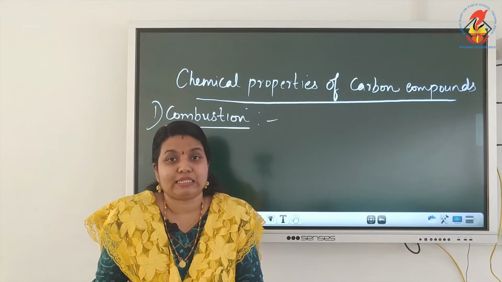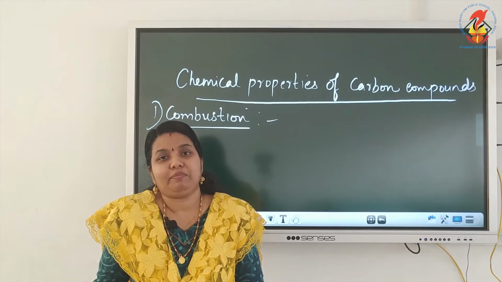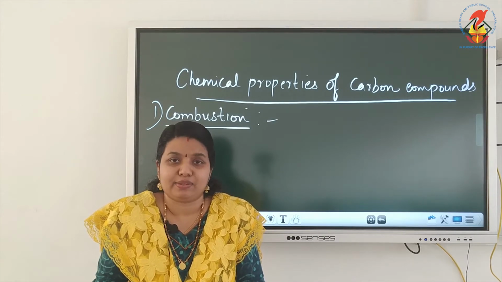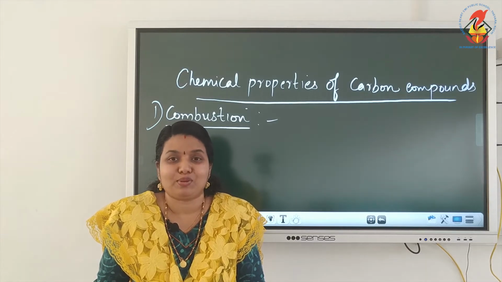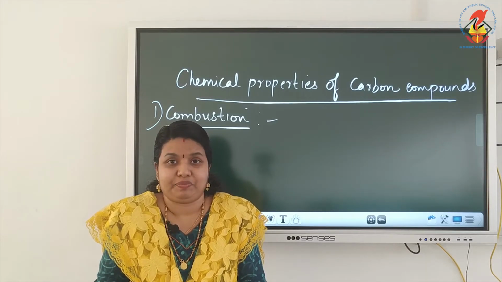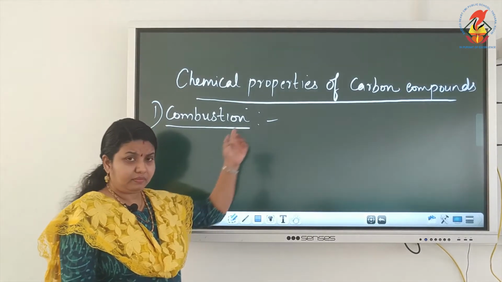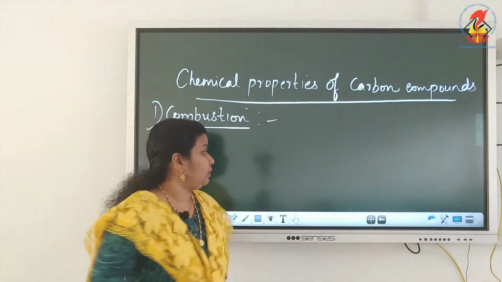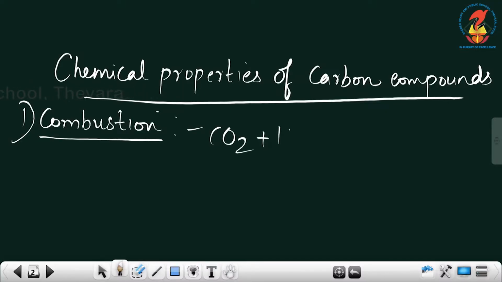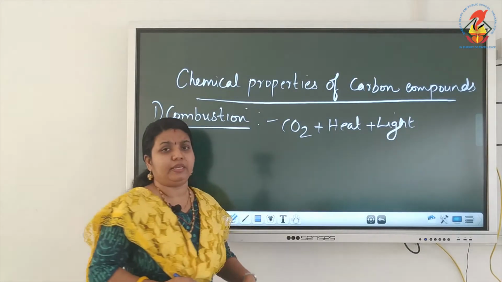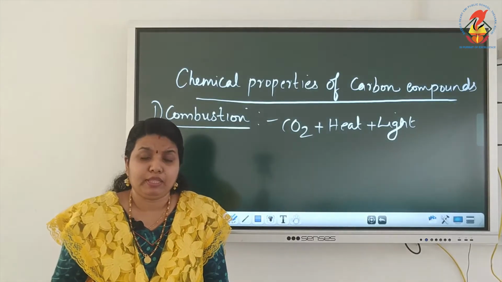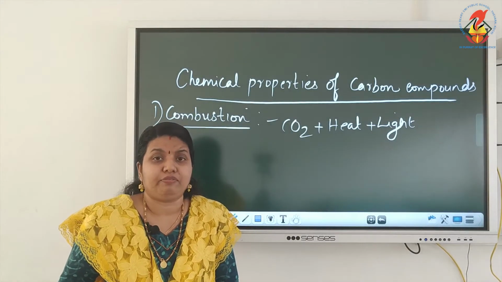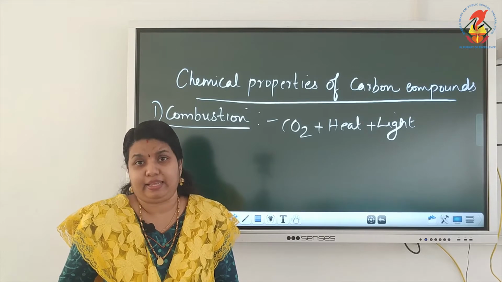In all combustion reactions heat is produced, but in 99% of combustion reactions light is also produced along with heat. Carbon in all its allotropic forms burns in oxygen to form carbon dioxide with the release of energy in the form of heat and light.